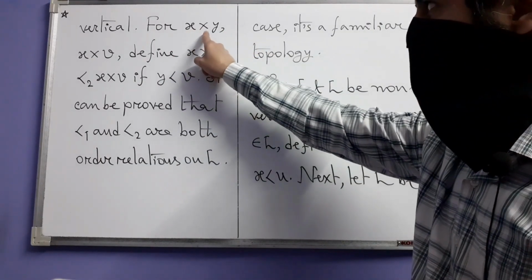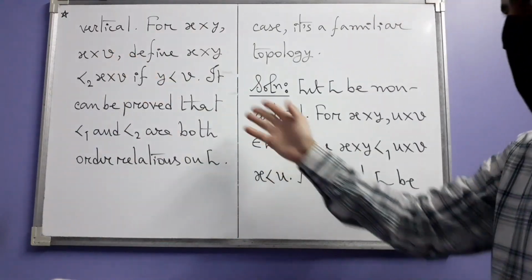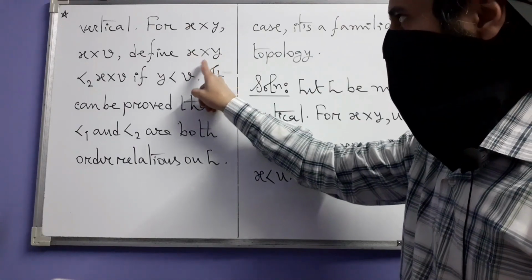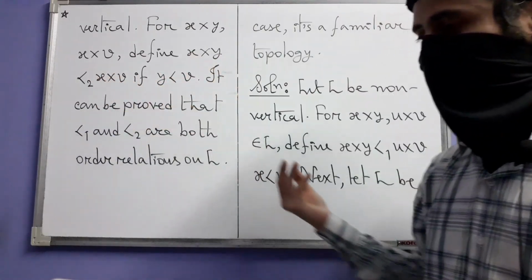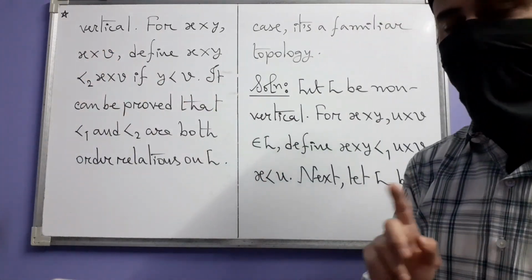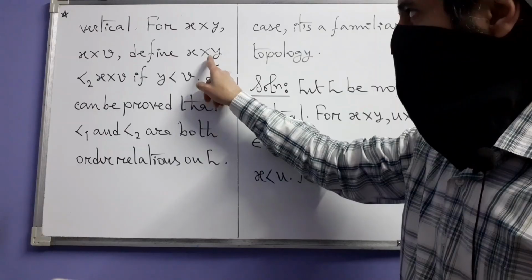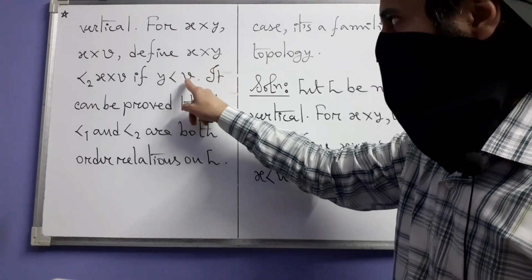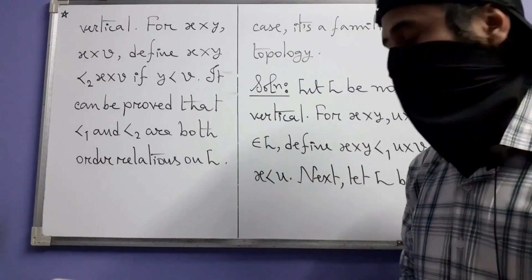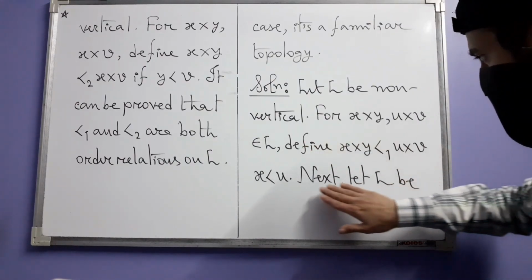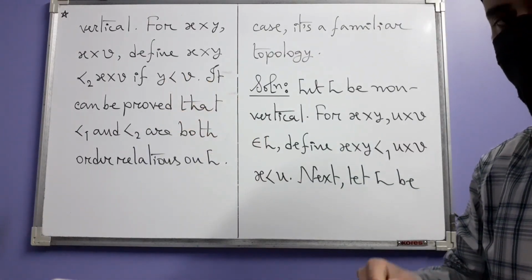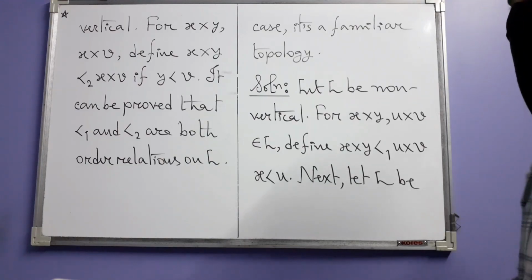So for two such points, (x, y) and (x, v) in L, we again define (x, y) to be less than (x, v), but to distinguish it we name it less than 2, if the y coordinate of the first point is less than the y coordinate of the second, that is, y is less than v. By the way, these ordinary less than signs are the ordinary order relation in the set of real numbers.